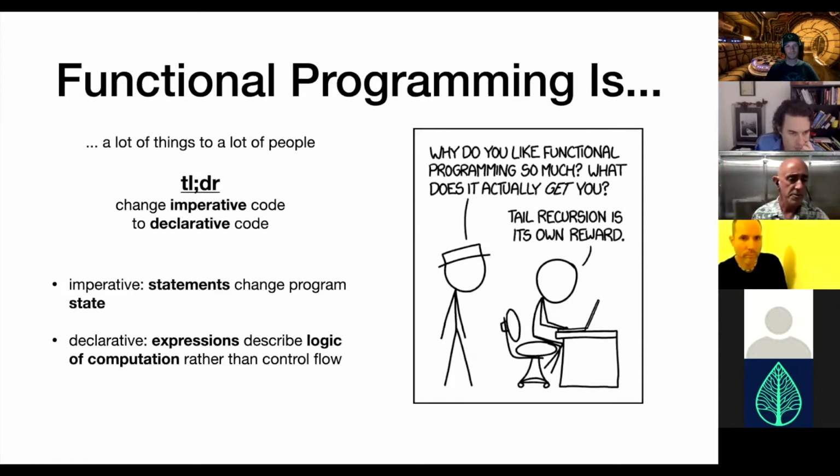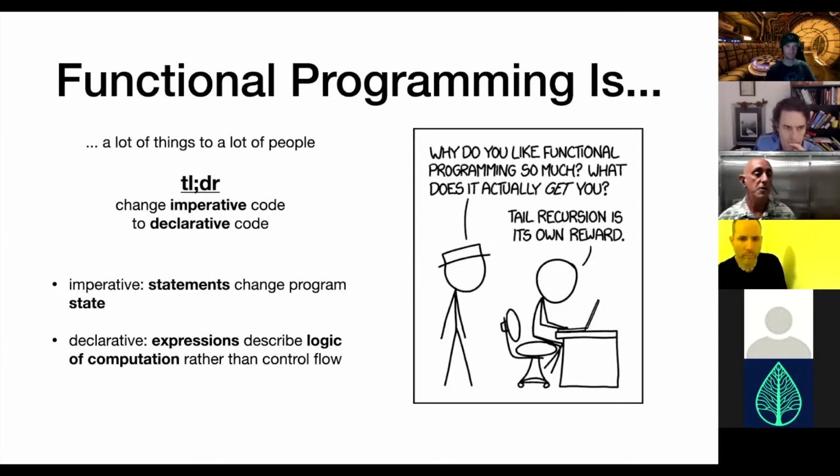If you've heard those terms, imperative is also called procedural. So if you're used to hearing about code being procedural, what functional programming is doing is looking at procedural code and making it declarative instead. In imperative code, you have statements that change program state. So something like x equals y times 3, that's imperative. You're taking an expression and assigning the value of that to a variable.